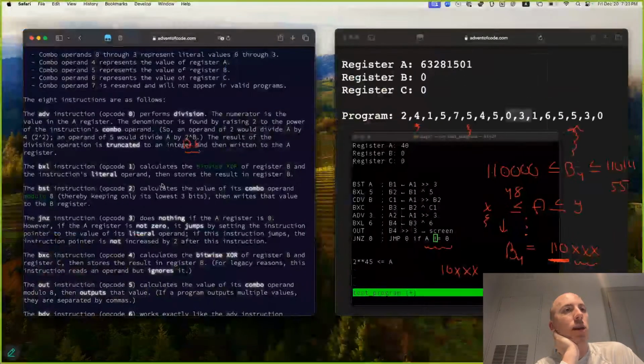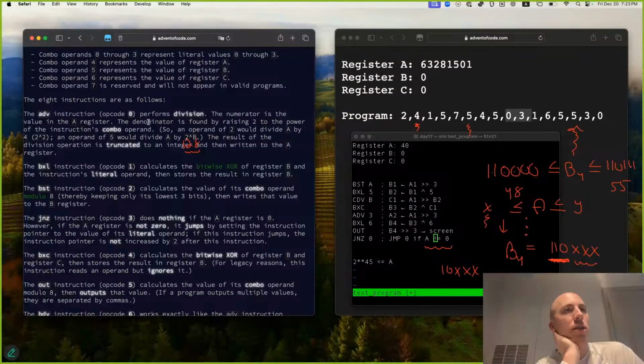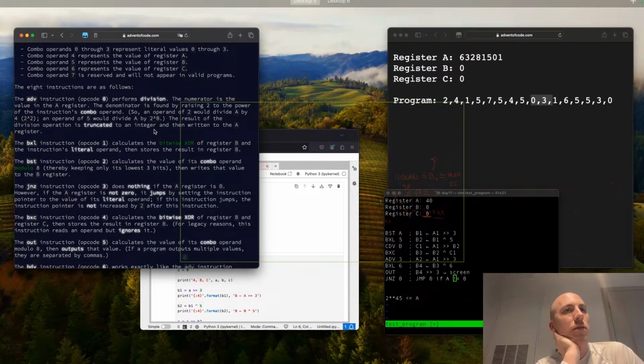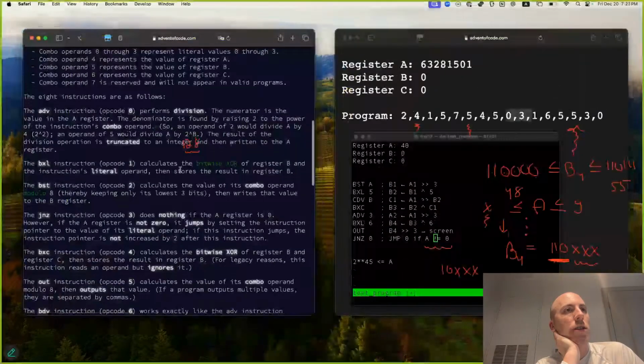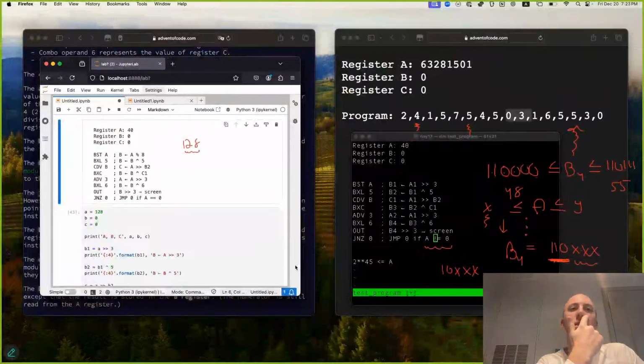Yeah, you divide it by 2 to that power thing.